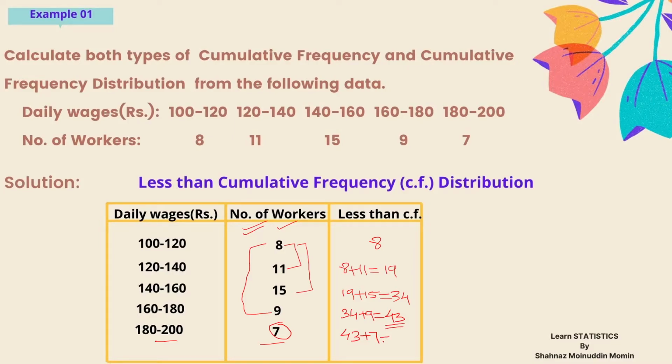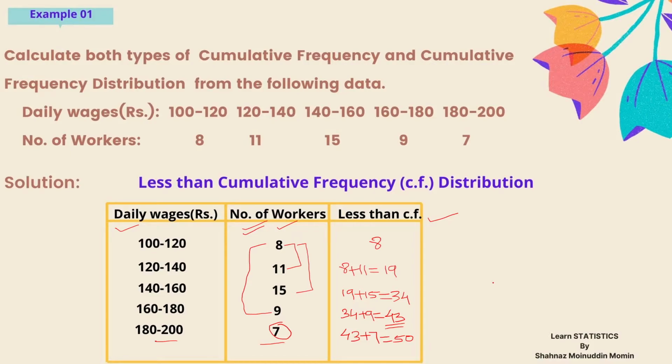So it comes out to be 50. This is the less than cumulative frequency of daily wages and number of workers, and the table showing the classes, here the daily wages, and the less than cumulative frequency is called a cumulative frequency distribution.